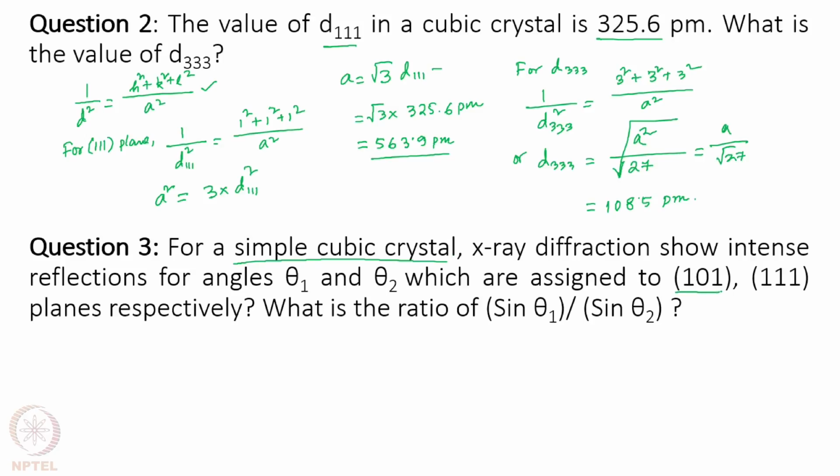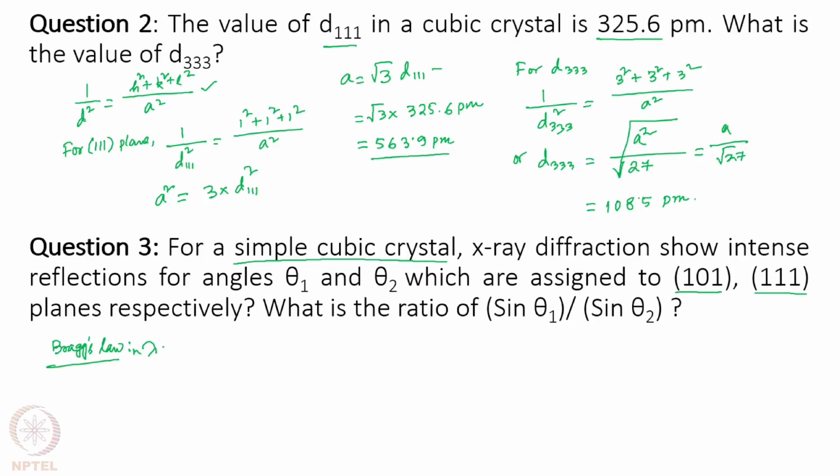To get the values for D101 and D111, we should be able to write the Bragg's law for these two reflections.